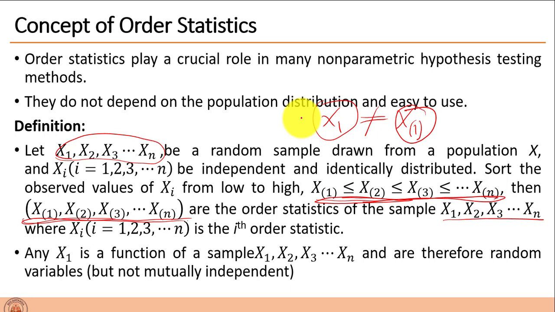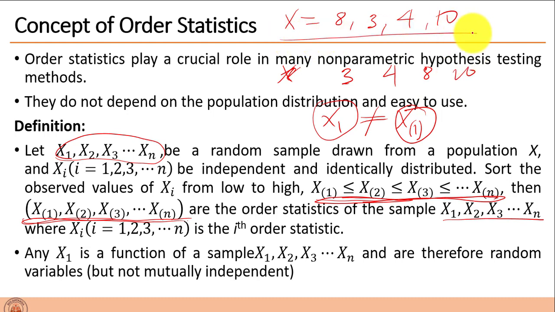Now x bracket i is the ith order statistic if you rearrange them. So for example, I have my data set x equal to 8, 3, 4, and 10. This is what I have. If I'm going to arrange it, I would rearrange it as 3, 4, 8, and 10.